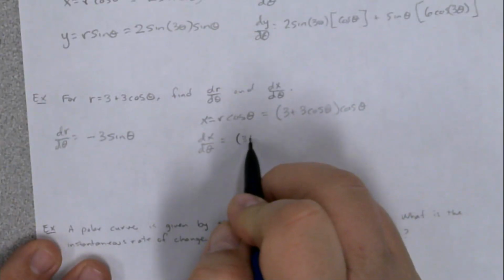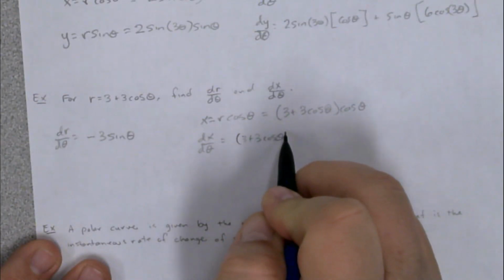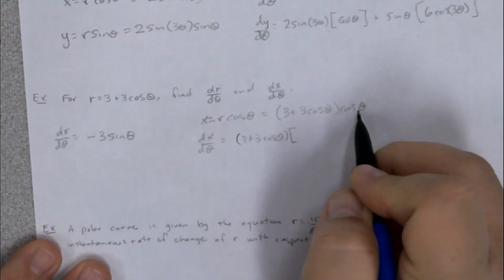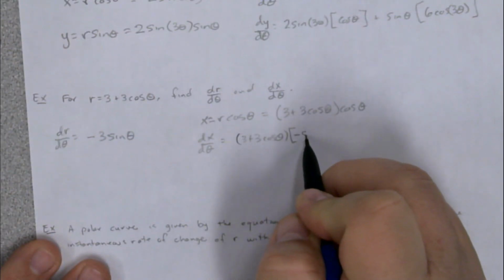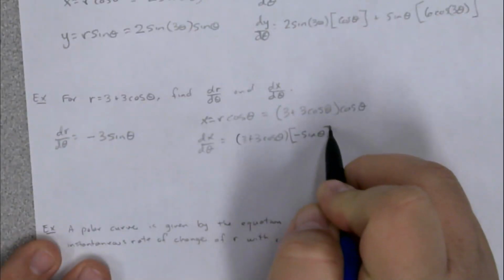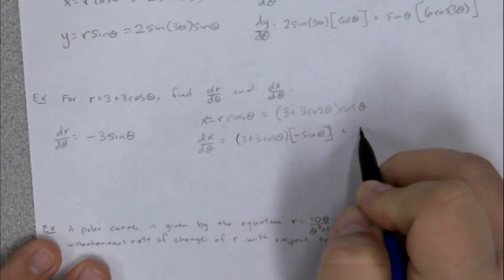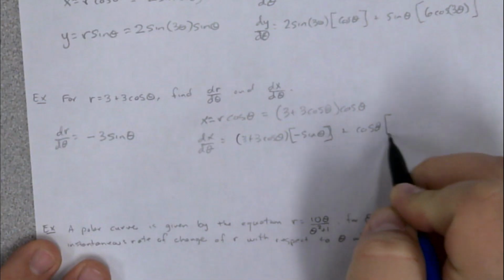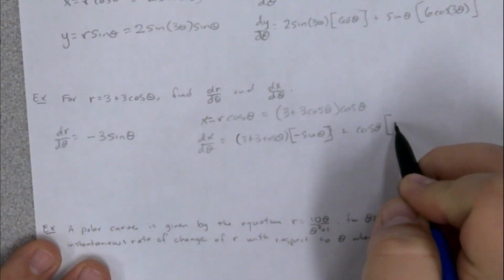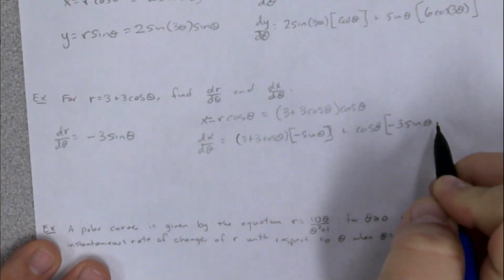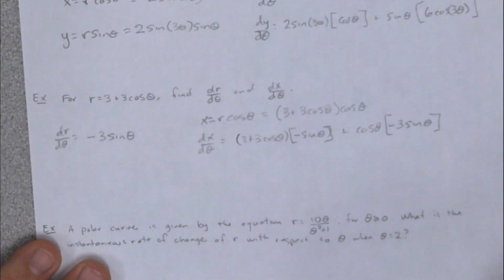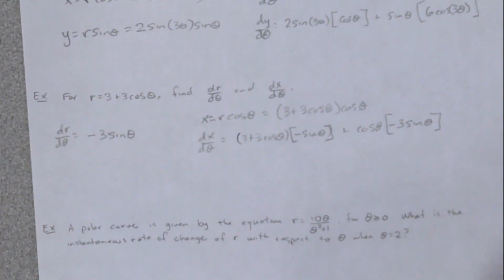So 3 cosine of theta, derivative of the cosine is minus the sine, and then the second times the derivative of the first, which is going to be a negative 3 sine of theta. Okay, pretty straightforward.